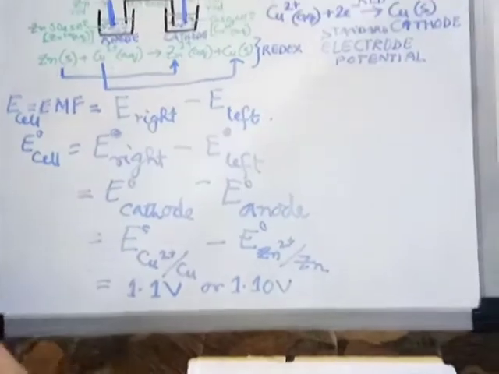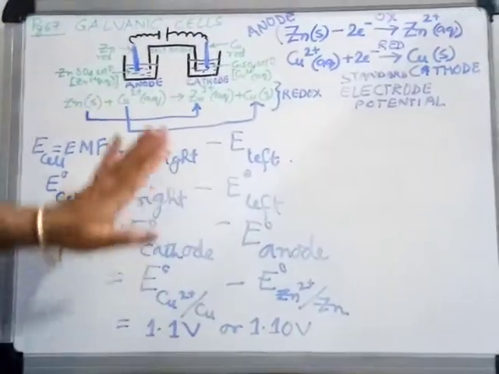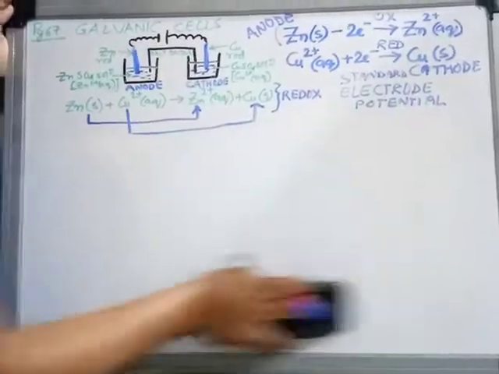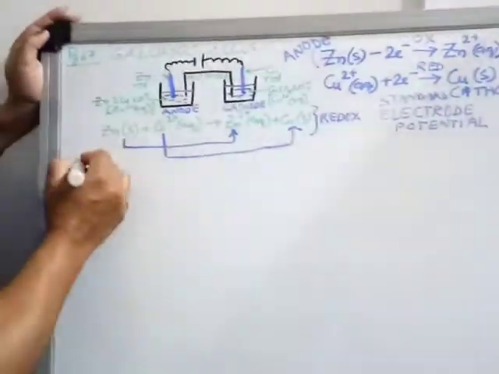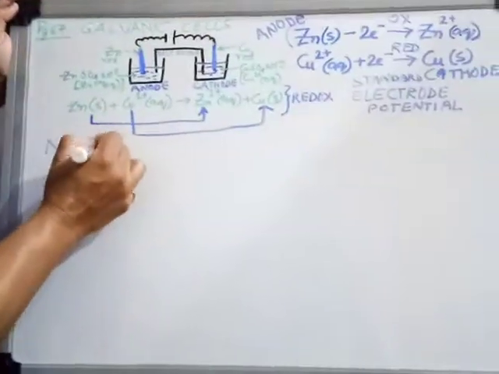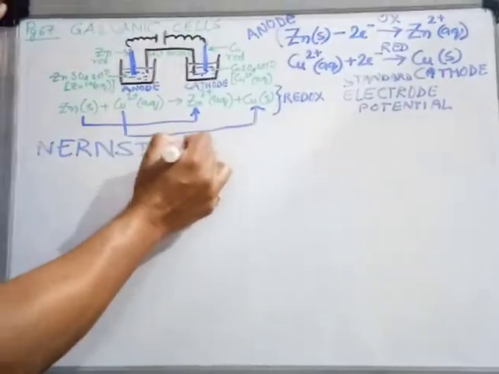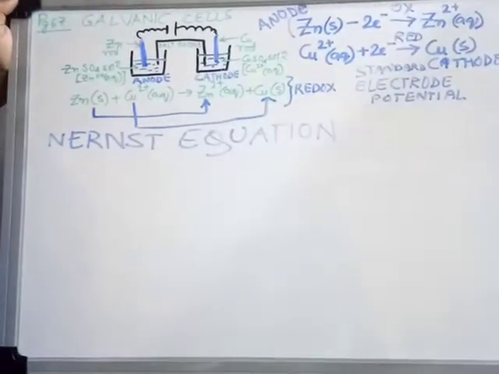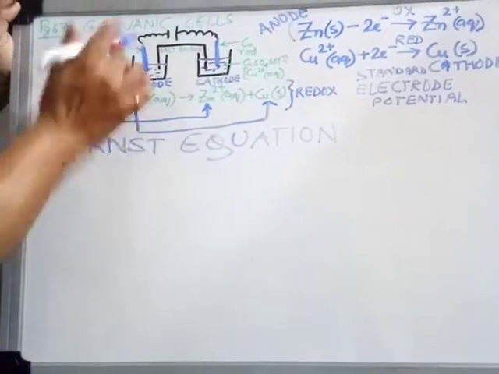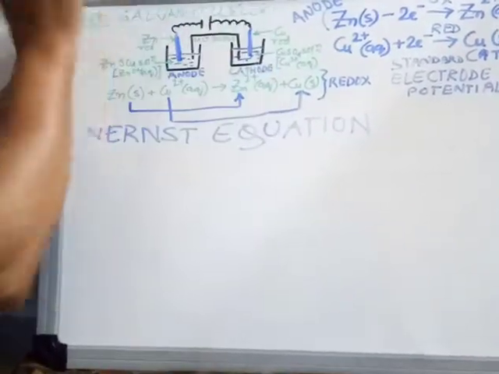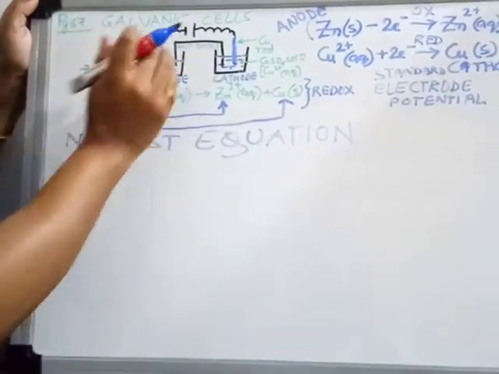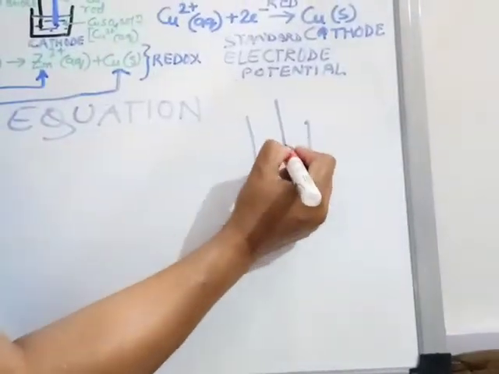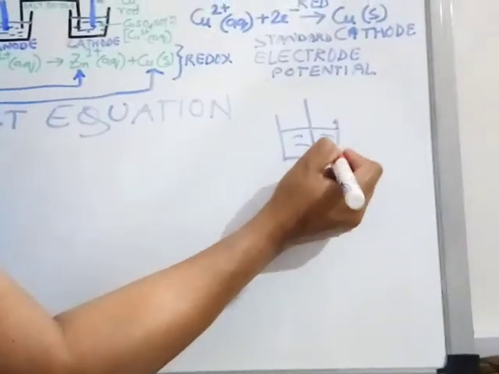Now next we can calculate the Nernst equation. What is this Nernst equation? Suppose you have an electrode, separately we will take. Suppose we take one container where a rod is in connection with the electrolyte.